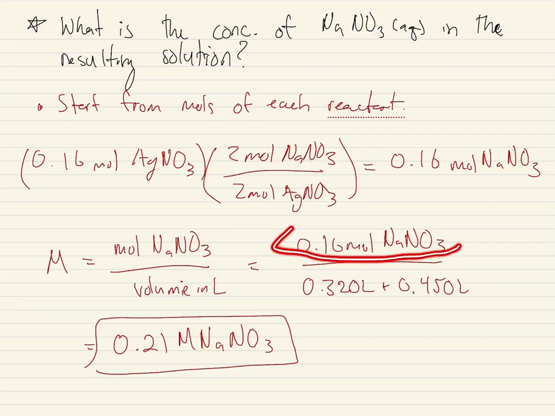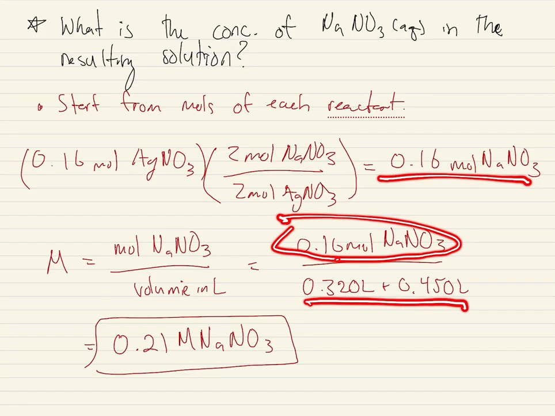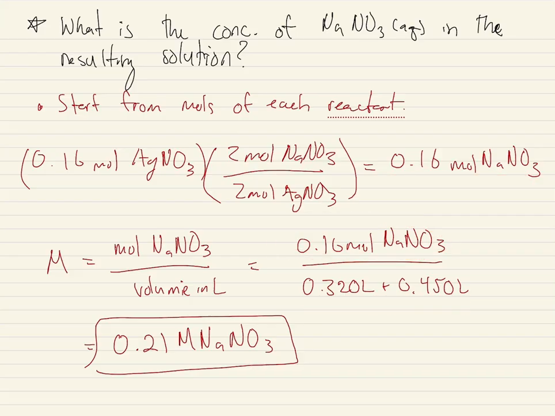My moles of sodium nitrate is exactly what I calculated, right? That's where I get that from. And then the liters is the sum of the 2 solutions that I mixed together. The volume of my new solution is the final volume of mixing them together. This is the concentration of sodium nitrate, because it is only created after the solutions are mixed together.